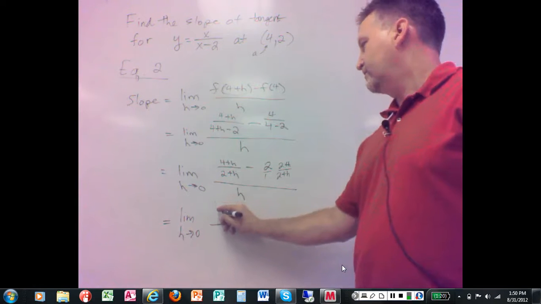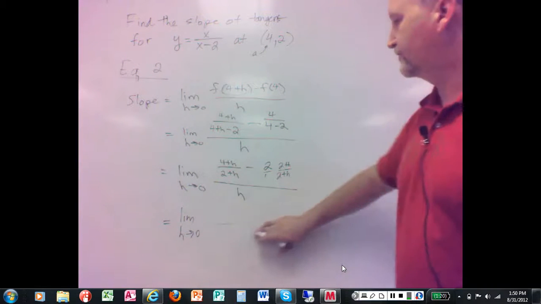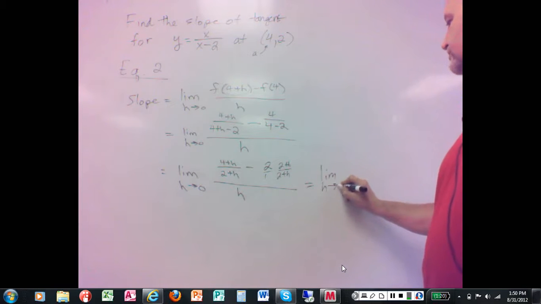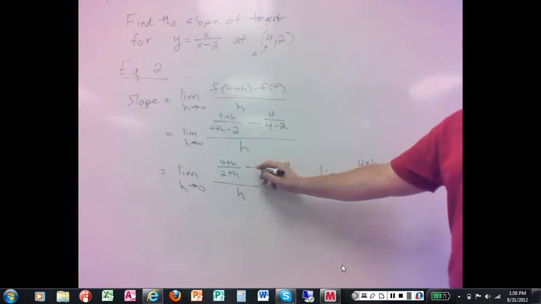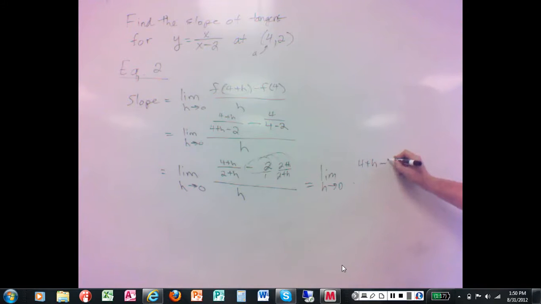So that'll give me a common denominator of 2 plus h, so I can combine tops here. Now this will be, remember the minus 2 is times the 2 and times the h, so it'll be minus 2 times 2 will be minus 4, and then minus 2 times h will be minus 2h. And then the denominator would be 2 plus h.